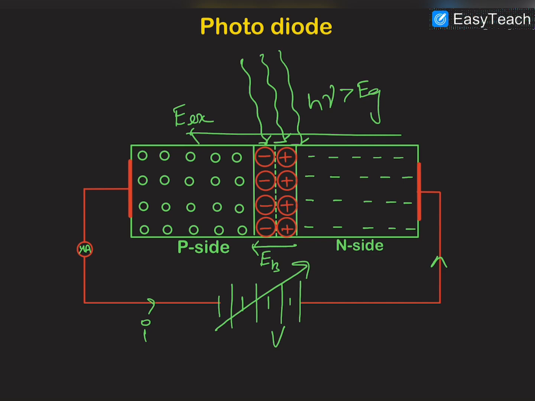Like that, the current will flow. And obviously we know that the electrons which are minority carriers in this region and the holes which are minority carriers in this region are pulled towards the junction. So a minority current will flow in the junction.